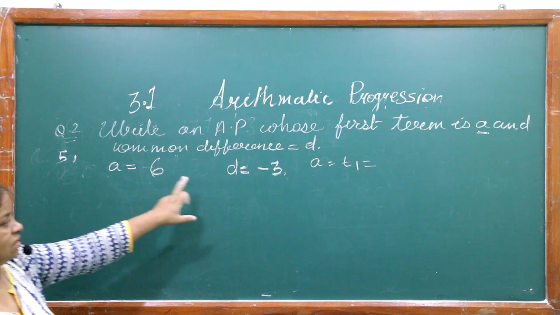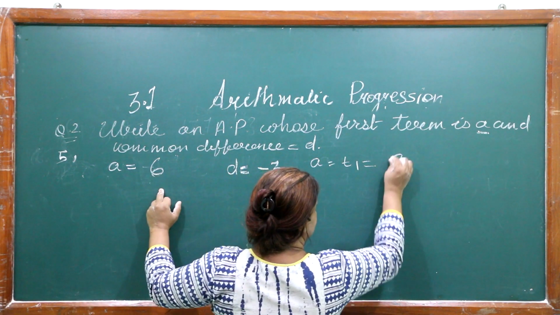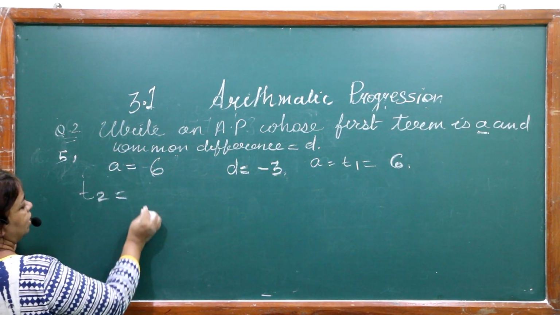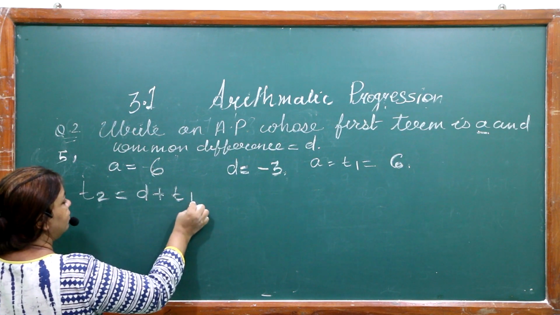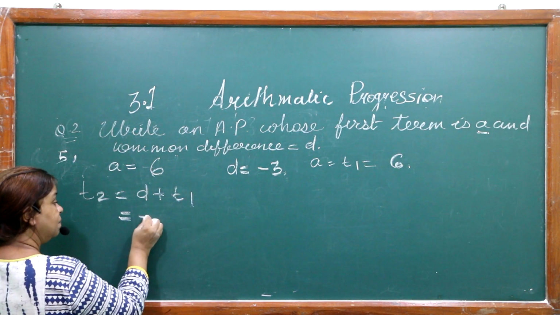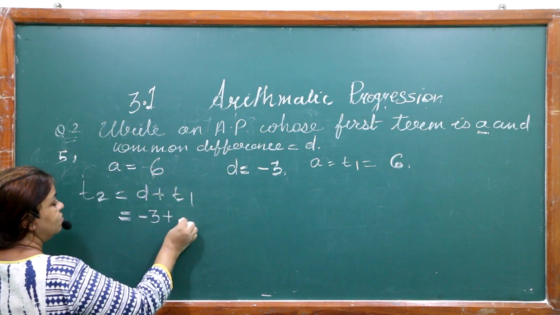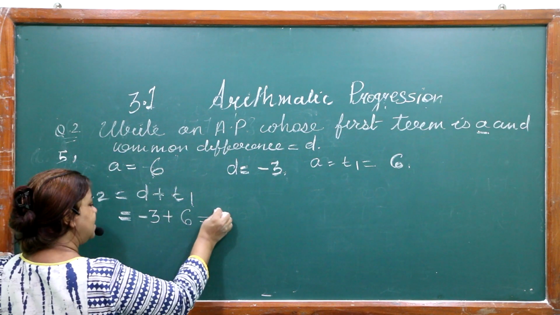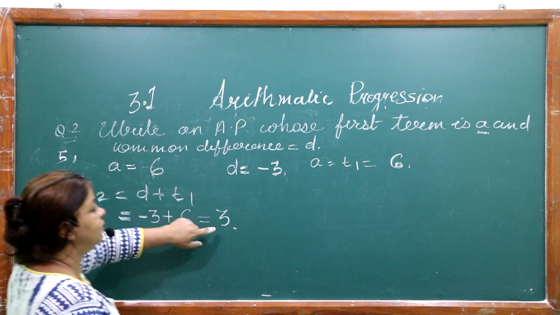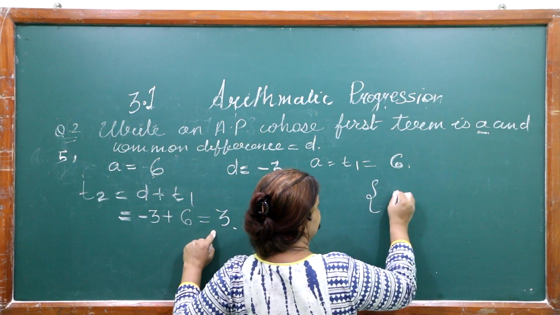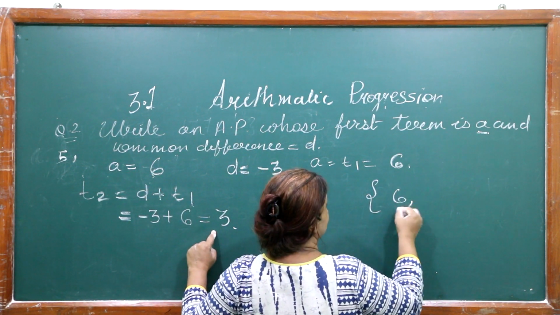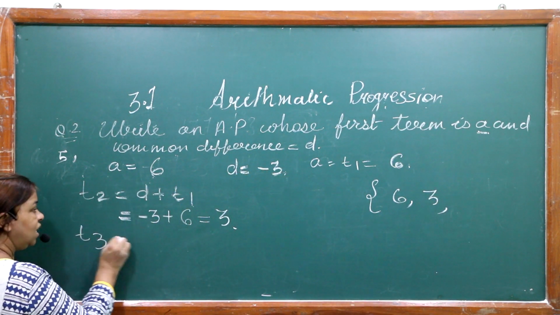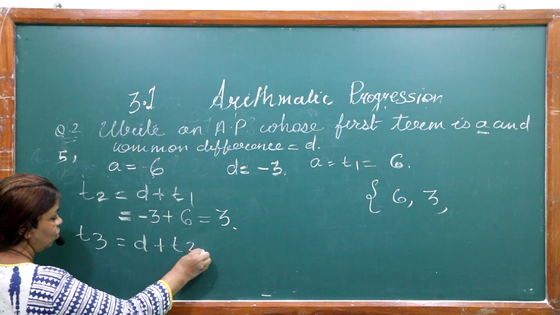A is nothing but term 1, so A will be 6. Let us write. T2 is going to be D plus T1. D is minus 3 plus term 1, which is 6. It's very simple. 6 minus 3 is 3. So your term 2 will be 3. When you are writing the arithmetic progression, 6, 3. Now, term 3 is going to be D plus term 2.